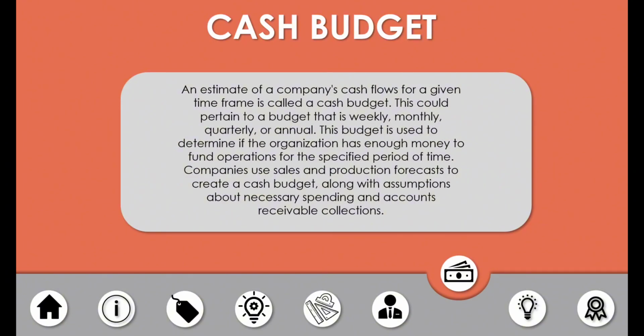Companies use sales and production forecasts to create a cash budget, along with assumptions about necessary spendings and accounts receivable collections. A cash budget is an estimation of the cash flows of the business over a specific period of time. This budget is used to assess whether the entity has sufficient cash to continue operating over the given time frame.